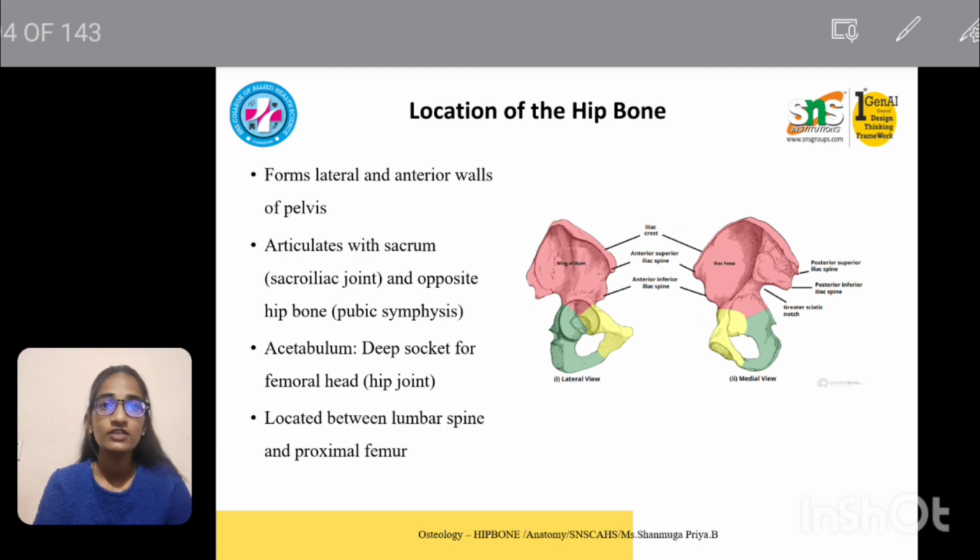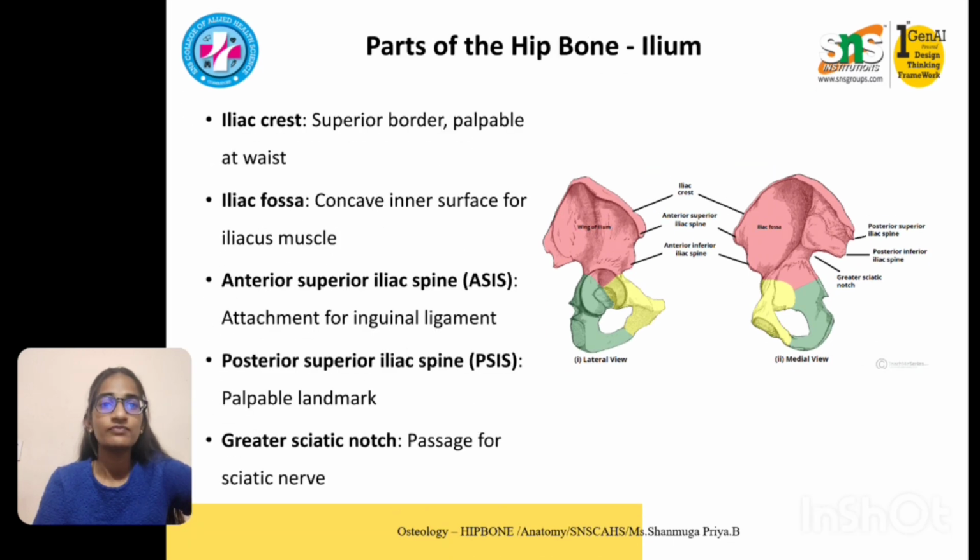Next, we are going to deal with the parts of the hip bone, starting with the ilium. The ilium is the superior and largest part of the hip bone. The key features include the iliac crest, which is the superior border you can palpate at your waist level, and the iliac fossa, a concave inner surface that accommodates the iliacus muscle.